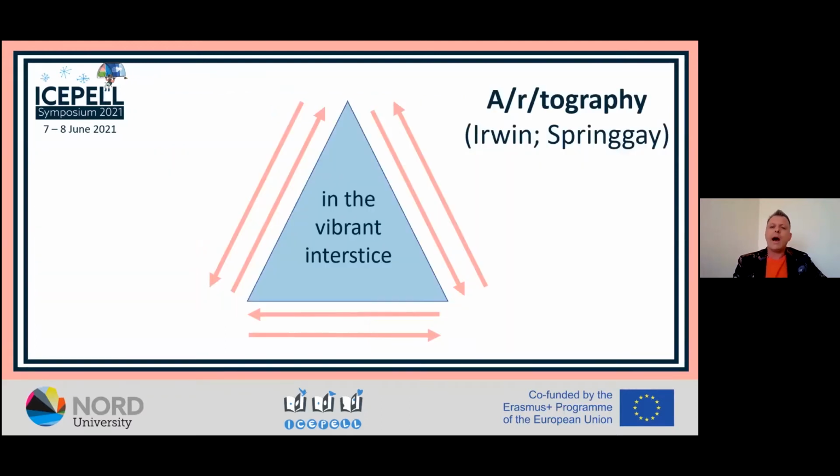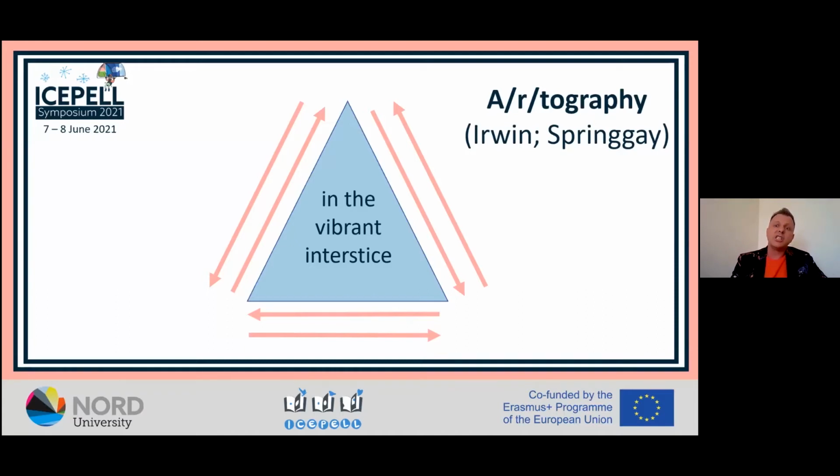And this is where artography really, really speaks to me. It builds on the work of Irwin and Springay in particular, and it really captures or centers that interstice. And I'm calling it here the vibrant interstice.